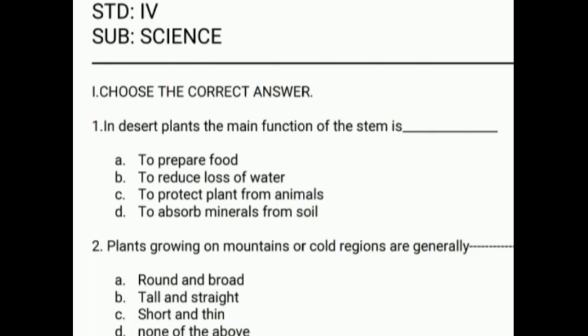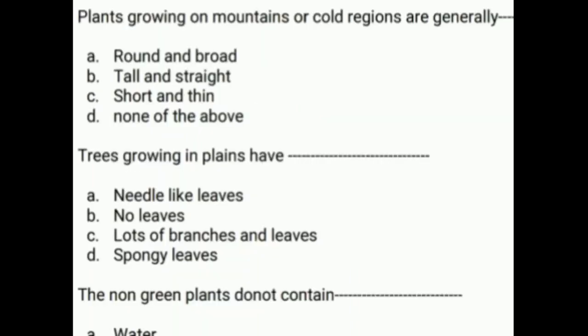Plants growing on mountains or cold regions are generally dash. Answer, tall and straight. 3. Trees growing in plains have dash. Answer, lot of branches and leaves.